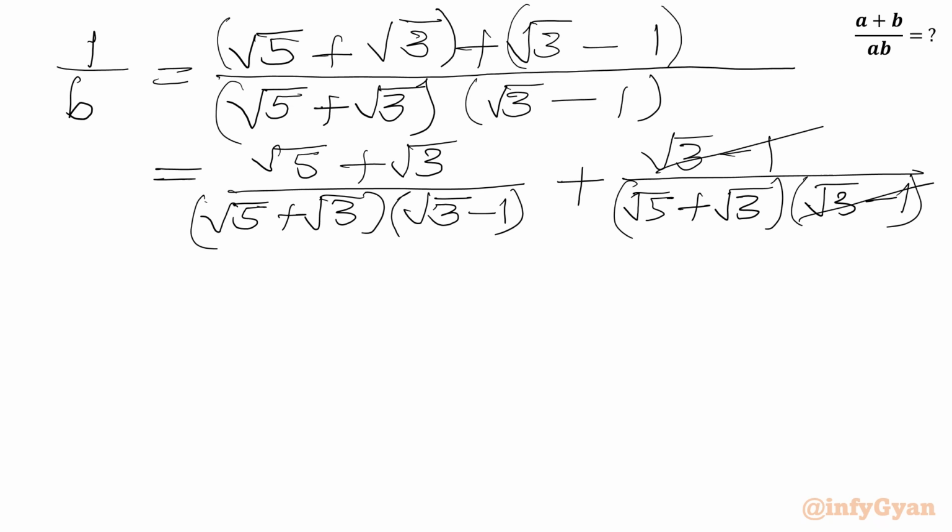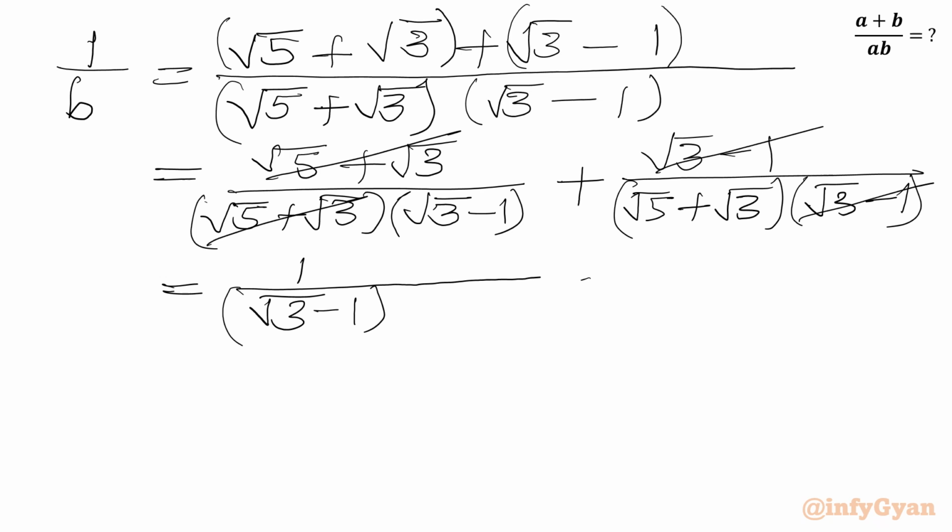Now we can cancel root 3 minus 1 and root 5 plus root 3. So we will be getting here 1 over root 3 minus 1, and here I will be getting 1 over root 5 plus root 3.